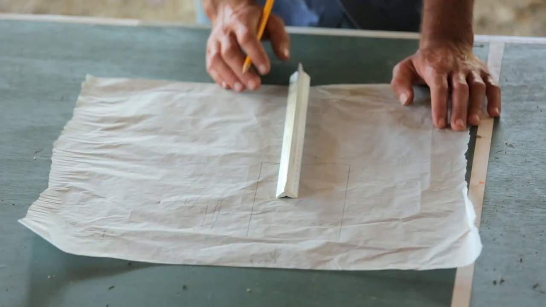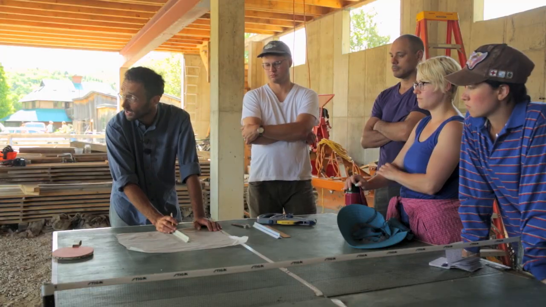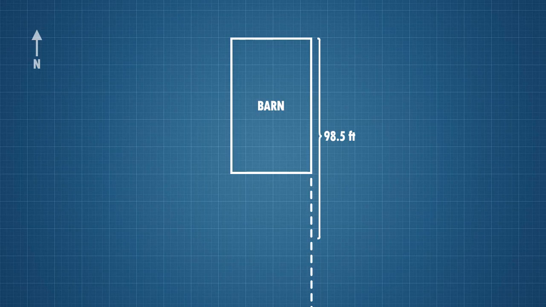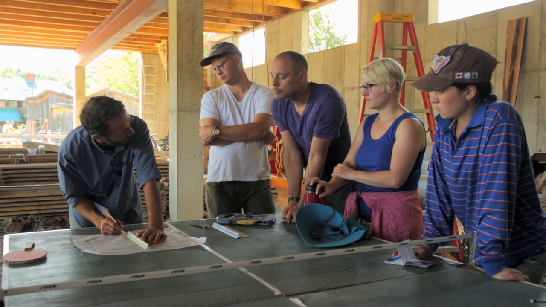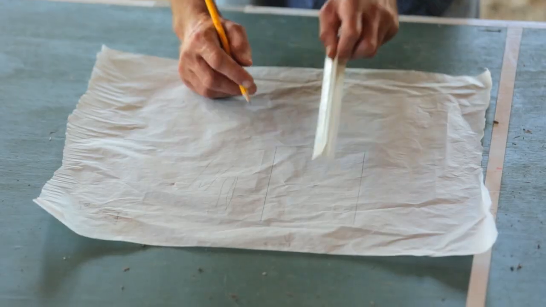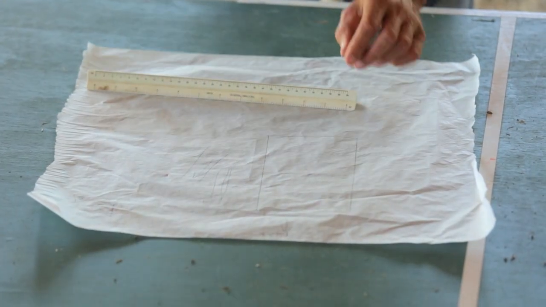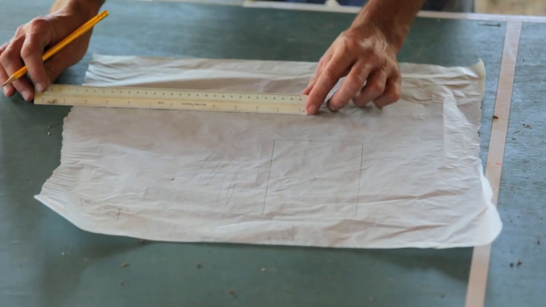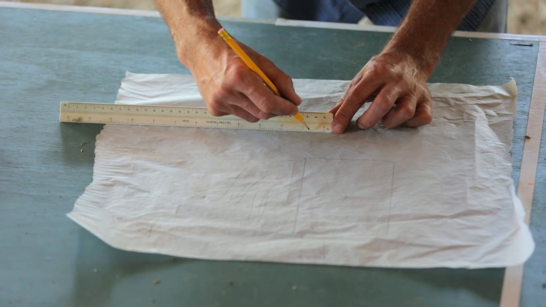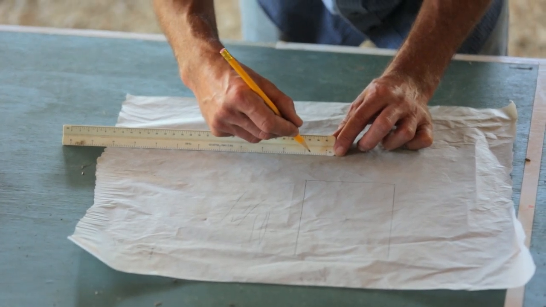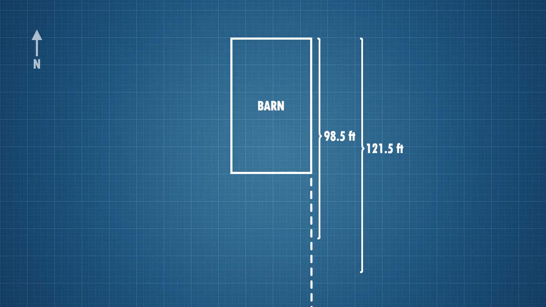So if we were laying out the data we got from our extension line, so 98.5 and 121.5, which takes me just slightly off the scale, but close enough. So there's our extension line. And then what were our offsets for each of those, just in the same order? 7.5. So there's 5, 6, 7.5 right there.